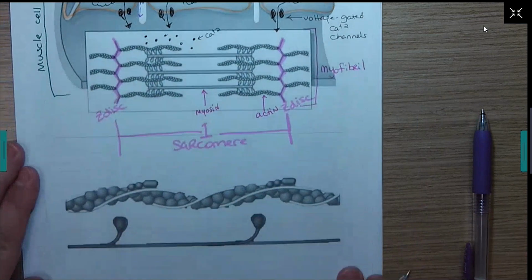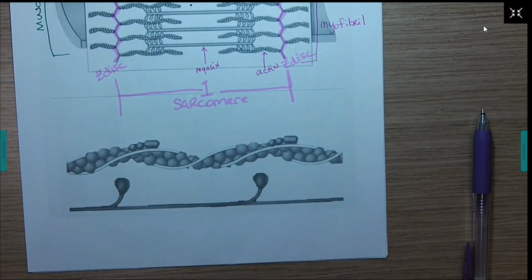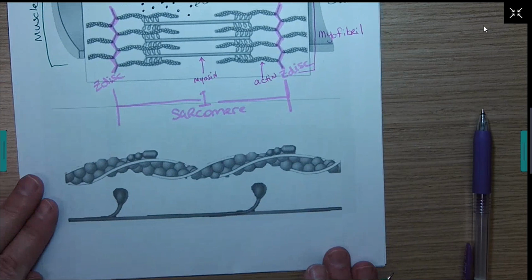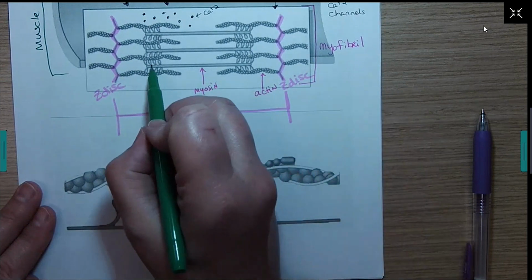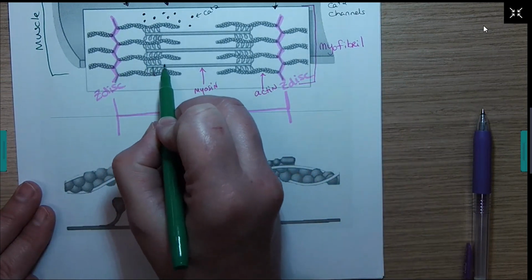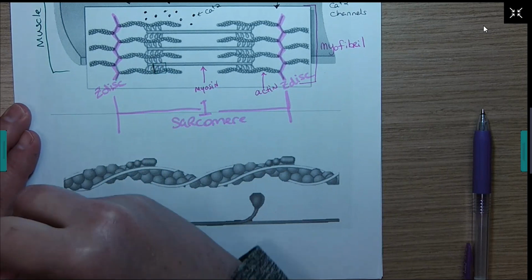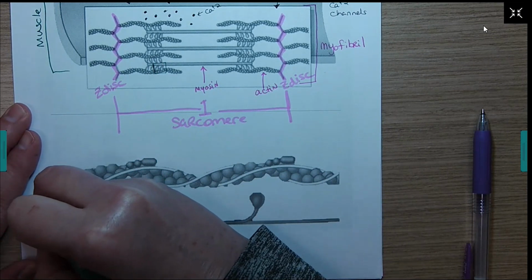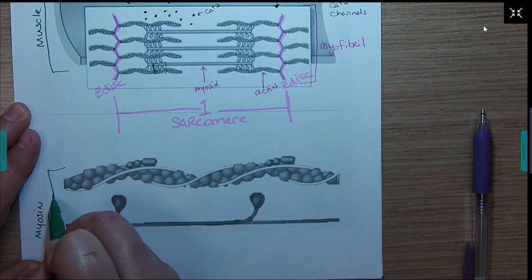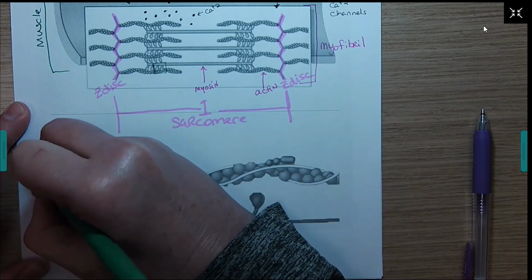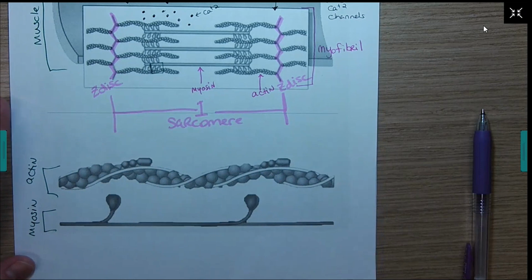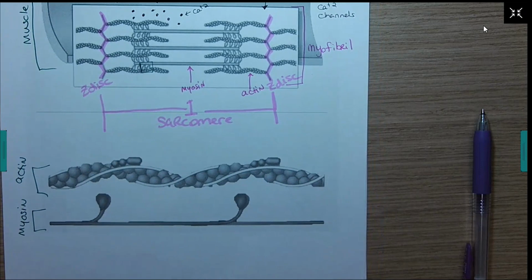So let's take a look at our bottom picture here. This is a blow up of this section right here. So you've got your myosin and your actin myofilaments.